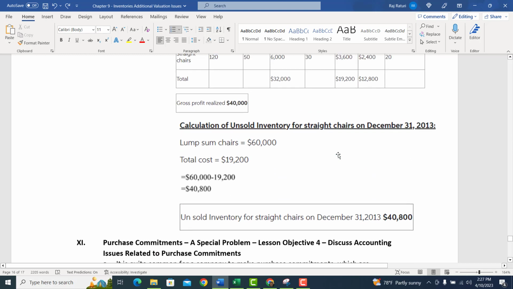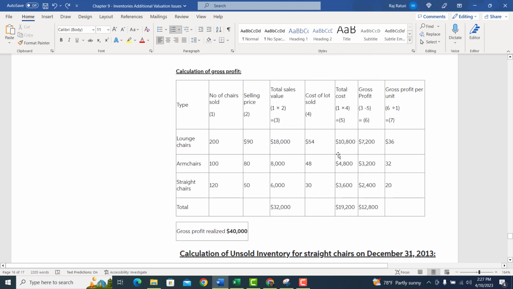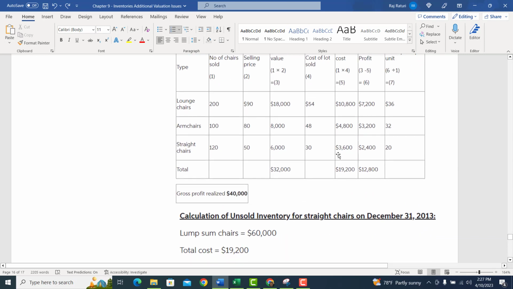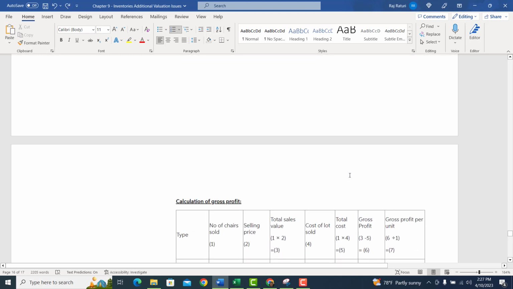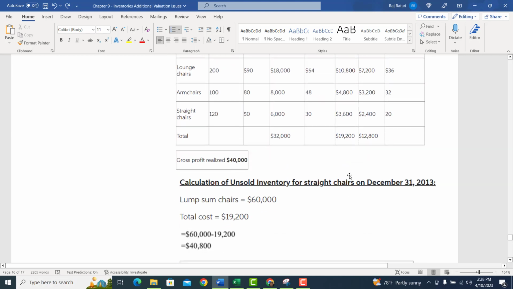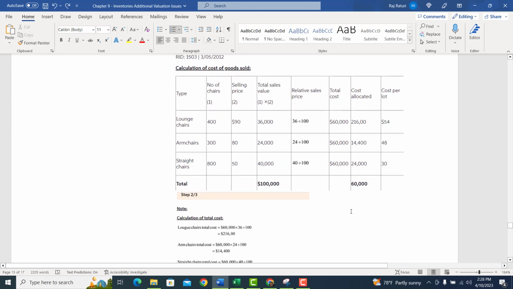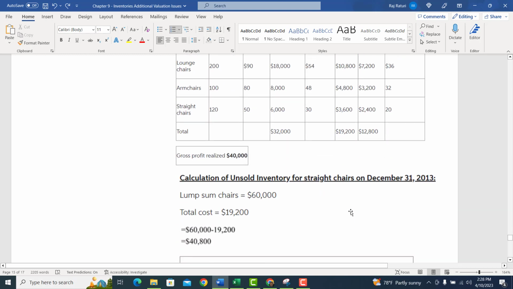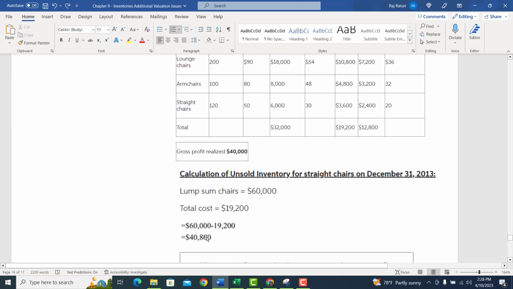And so we have our total cost sold. So then to find those not sold, we go back to our prior table, and we look at the total cost allocated, and we subtract them. And there you have it right there, calculation of unsold inventory.